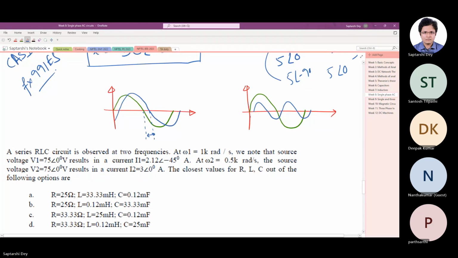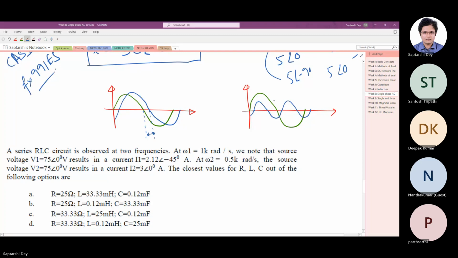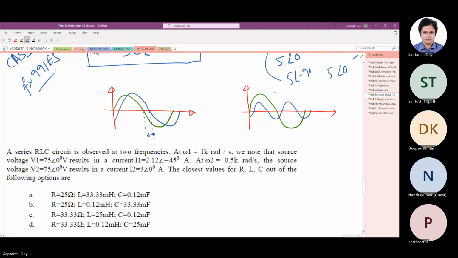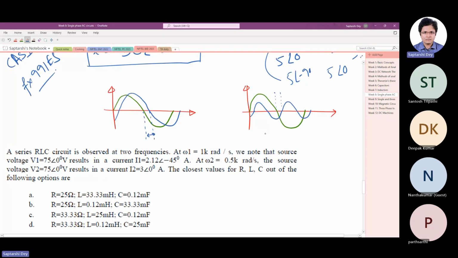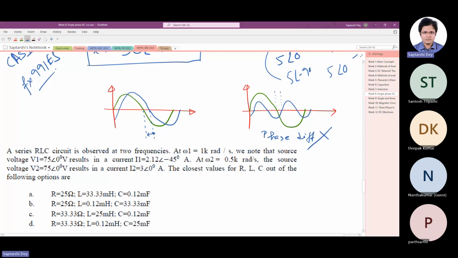Something like this. So the blue waveform has a frequency twice that of the green waveform. In such cases, can we define a phase difference? We cannot, because it keeps changing. So phase difference is valid only when you are comparing periodic waveforms of similar frequencies.